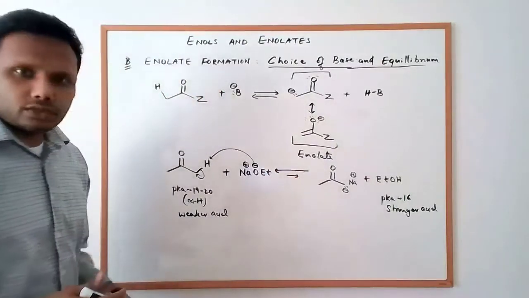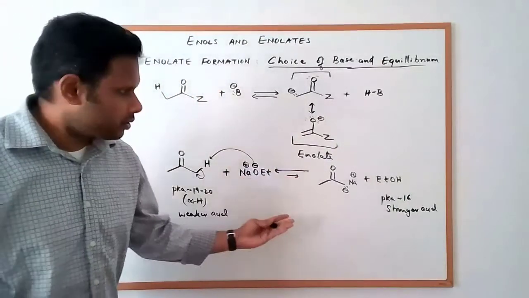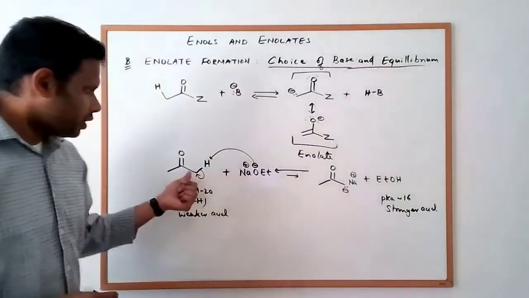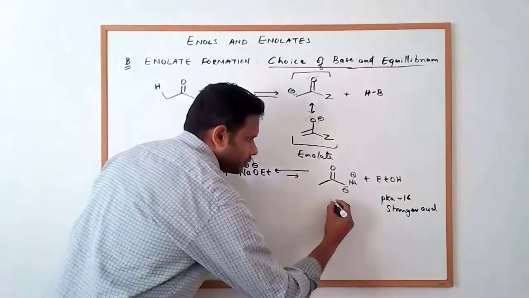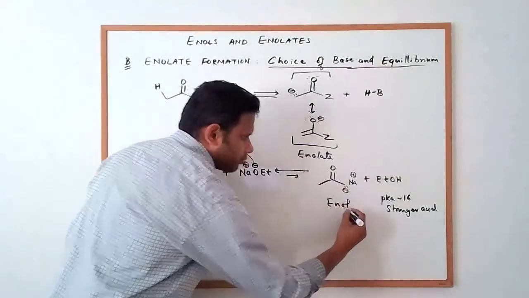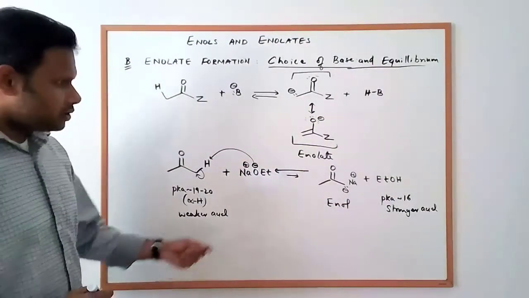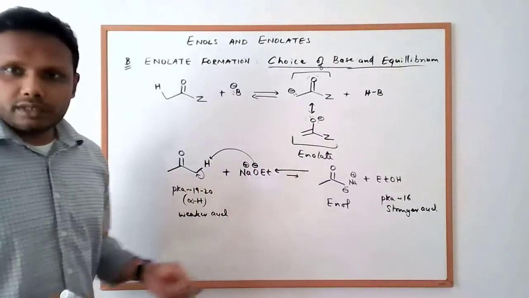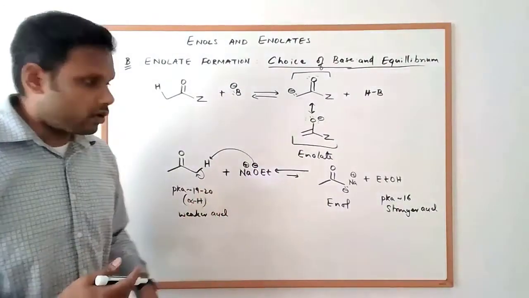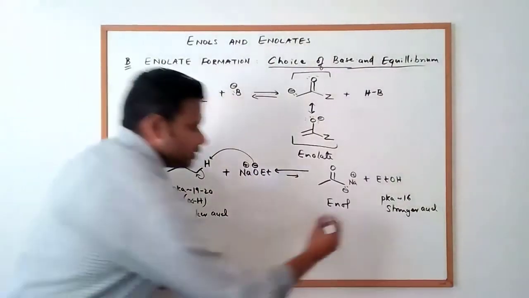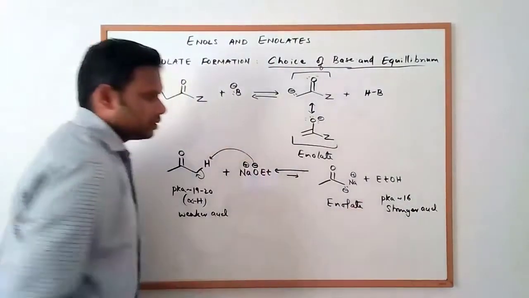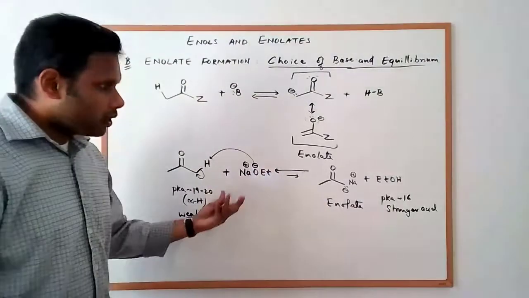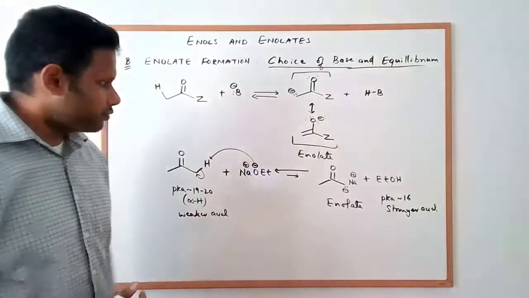So when you get to equilibrium, you will have some enolate present, but it will mostly be the carbonyl compound that is present, mostly in the keto form. So this is the enolate. The pKa's help us determine what direction the reaction is going to favor.